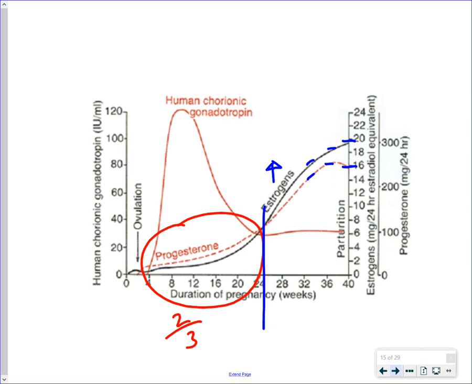And as these contractions come really close together, that means that there's going to be a large difference between the amount of estrogen, which is causing the contractions, and progesterone, which is preventing the contractions. Right at the very end here, where we see this huge difference, that is when we're going to have the contractions, and that is when birth is going to take place.